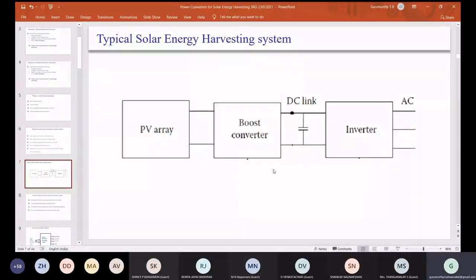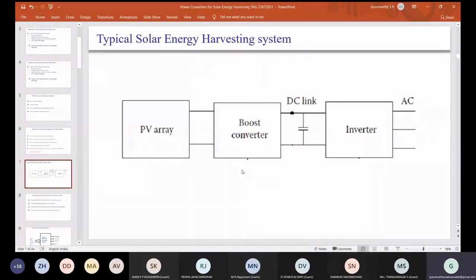Suppose you have an AC load, then you have an inverter. If it is a DC load, straight away you can use this DC link to tap the power. The inverter will convert from DC to AC. So these are basically power converters: a DC to DC converter, or DC to AC converter, or AC to DC converter.